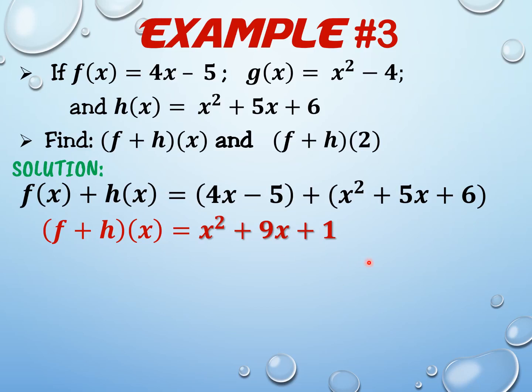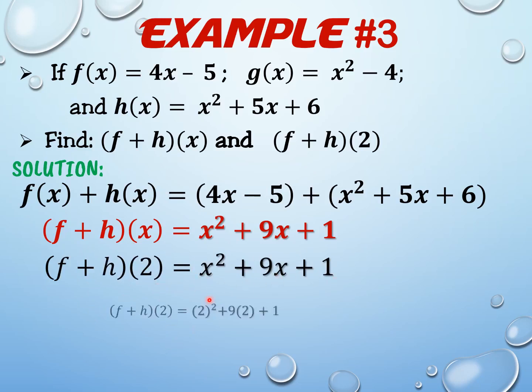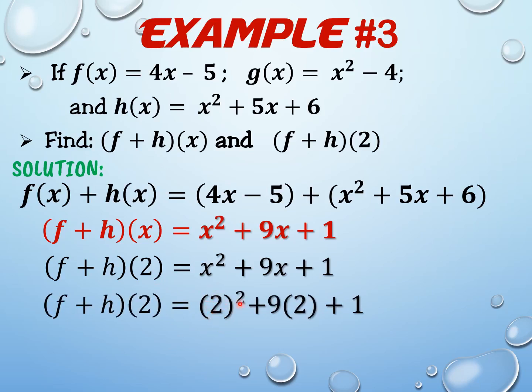Okay, very good. Now, for the second problem, since we already added the two functions, we will evaluate your answer at 2. Meaning, we will simply substitute or replace all the x's here by 2. So this will be equal to 2 squared plus 9 times 2, so 9x means multiplication, plus 1. So what is 2 squared? Okay, correct. That is 4.